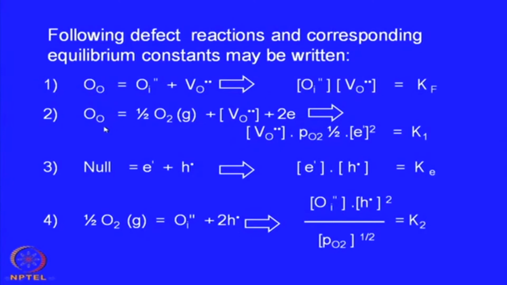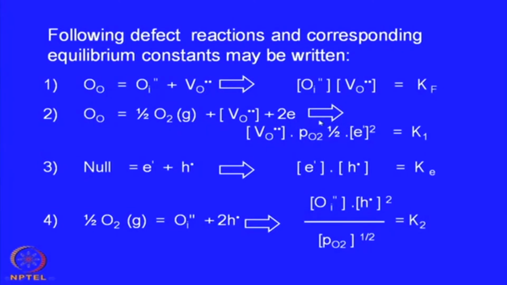We can also have, of course, they may not be taking place simultaneously, but under different conditions we can also have this kind of reaction. That means, it is basically an oxygen deficient region. This is an oxygen deficient region which we have considered in case of TiO2.